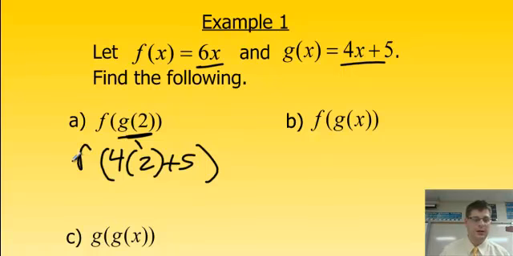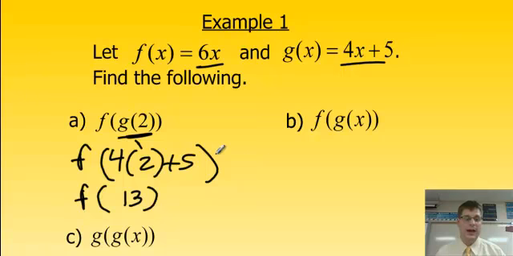And then I'll just carry the f over here. Then I would simply work this out on the inside. So I'll just say 4 times 2, which is 8, plus 5, which is 13. Now that I know what that is, I see that I have f of 13.